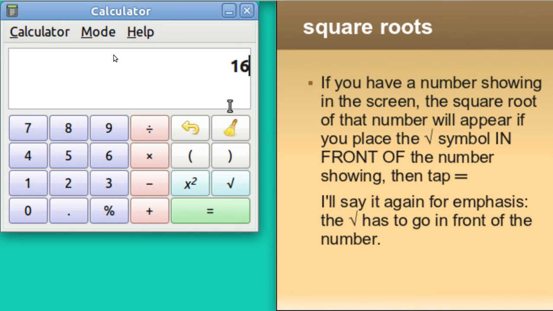Well, you know it's 4. But watch what happens if I try doing it here, and I put the symbol after. See, it says it doesn't work. So what you got to do is put it in front of, and now hit equals, and it gives you 4.